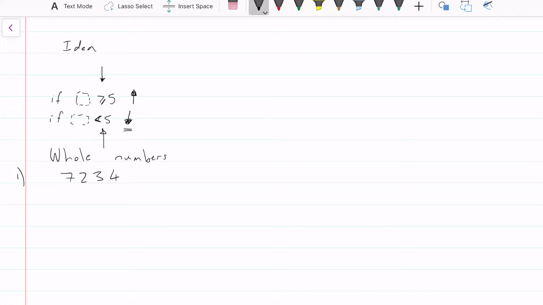Let's round this number off. Round it to the nearest 10, then the nearest 100, and then to the nearest 1000.